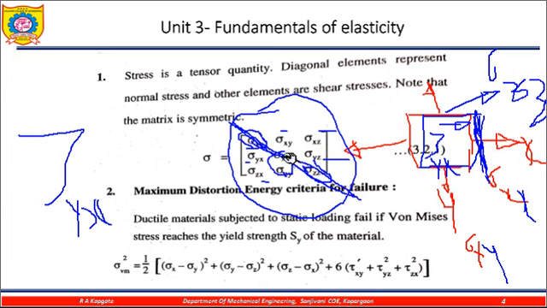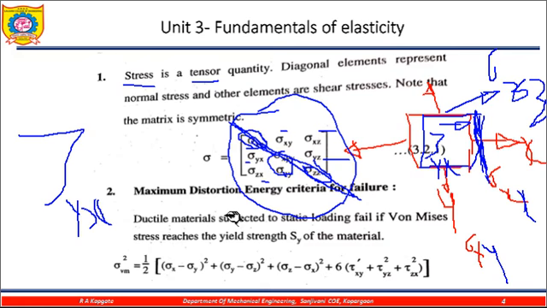Hence, to define a stress in the right manner, we require the tensor. The tensor is a very important mathematical parameter which we have not studied in mathematics in the right way. We only learn the matrices, and through the matrices we try to solve this.